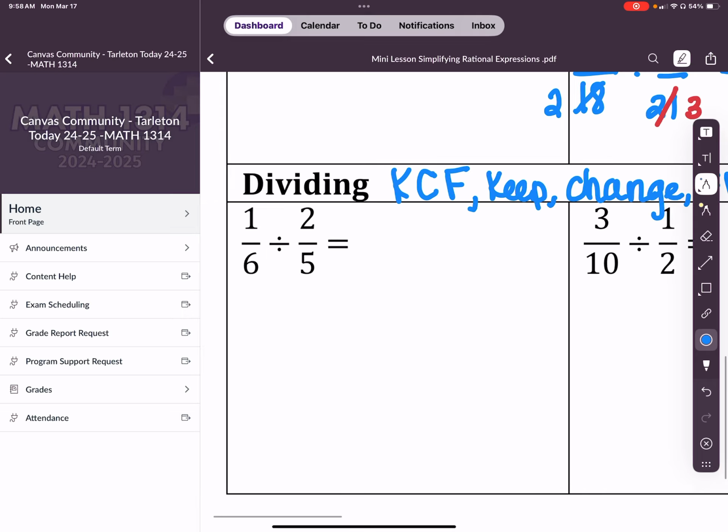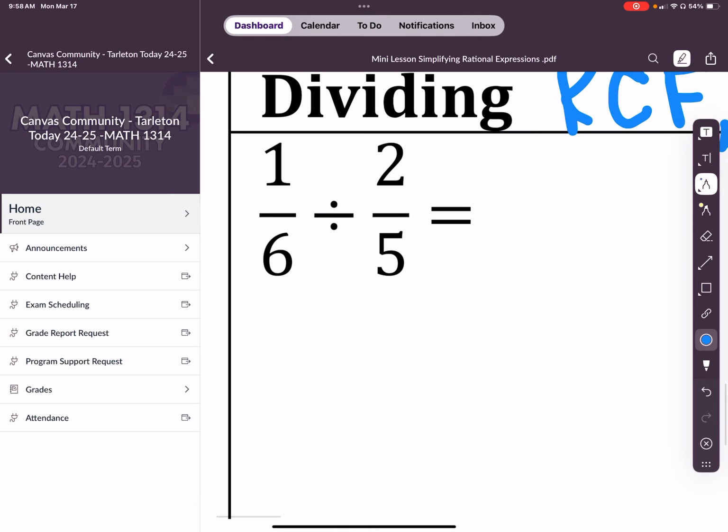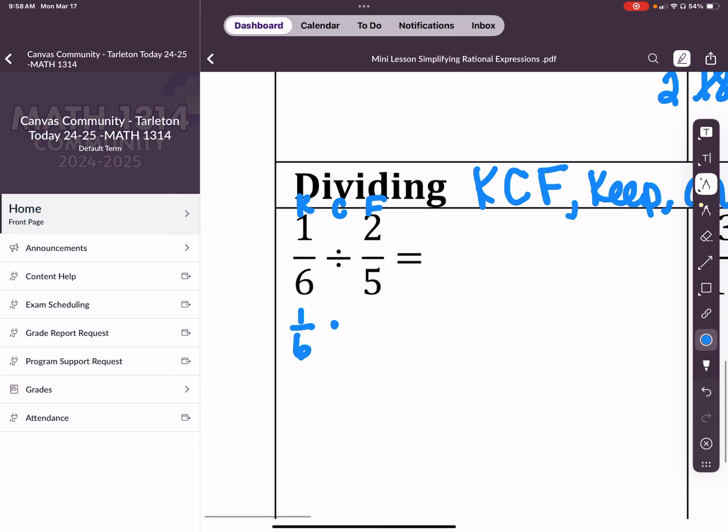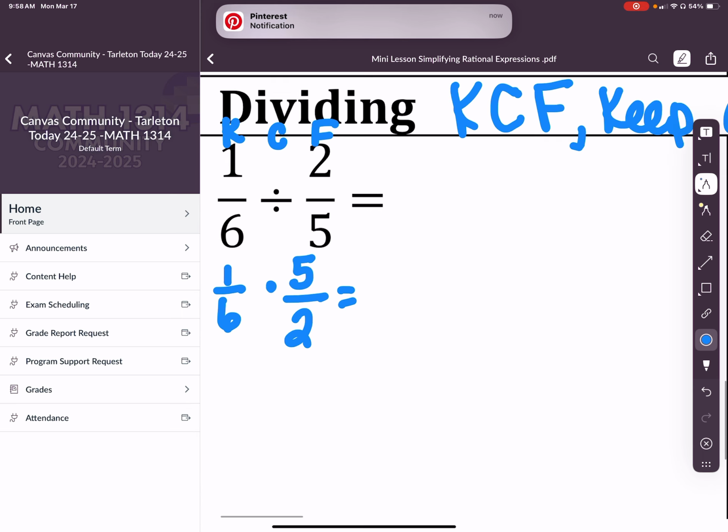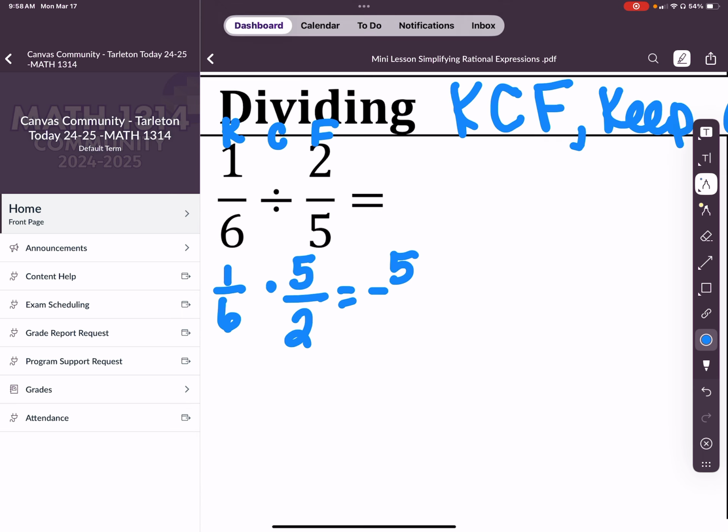So what that means is we're going to keep the first fraction, change from division to multiplication, and then flip the last fraction. Okay, so when I keep 1 over 6, I change from division to multiplication, and I flip 2 over 5 to 5 over 2. Now, 1 times 5 gives me 5, 6 times 2 gives me 12, and 5 over 12 cannot be reduced.